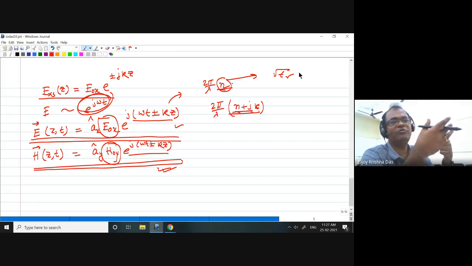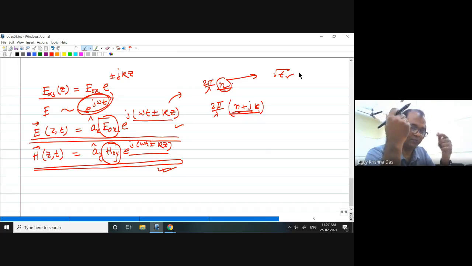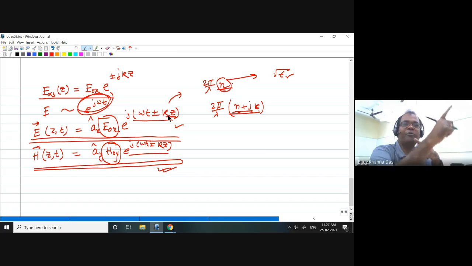Not necessarily only along x direction or only along y direction or z direction. And also your wave need not be traveling along z direction, where we show only z dependent variation. So that means the wave can propagate in a different direction.